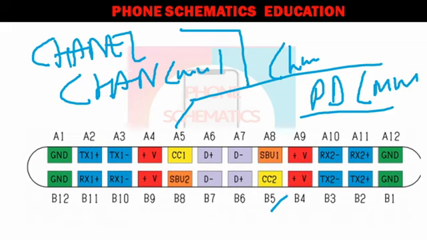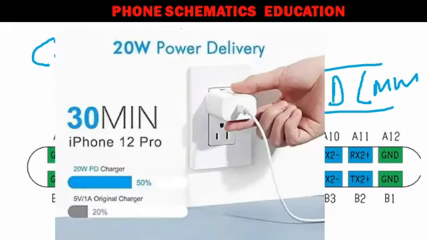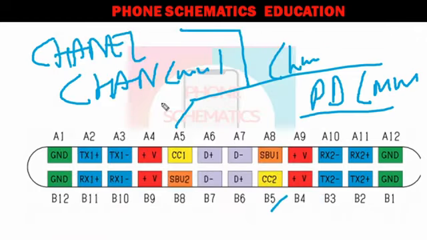Through this pin, USB power delivery communication, you can say PD status, power delivery status. Now, what is this? Through this pin, you measure the voltage and current from your charger, like your source, right?